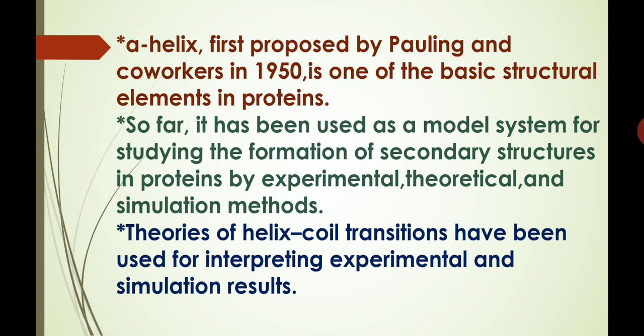So far, it has been used as a model system for studying the formation of secondary structures in proteins by experimental, theoretical and simulation methods. Theories of alpha helix to coil transitions have been used for interpreting the experimental and simulation results.